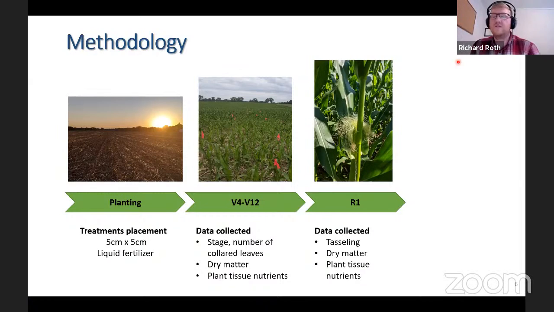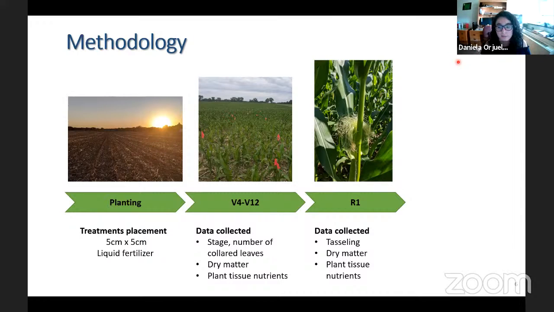Okay, did you look at anything as far as what the cost of the different starter treatments would be, to see if the increase in yield that you saw at the end of the year would offset the cost of the starter fertilizer application?